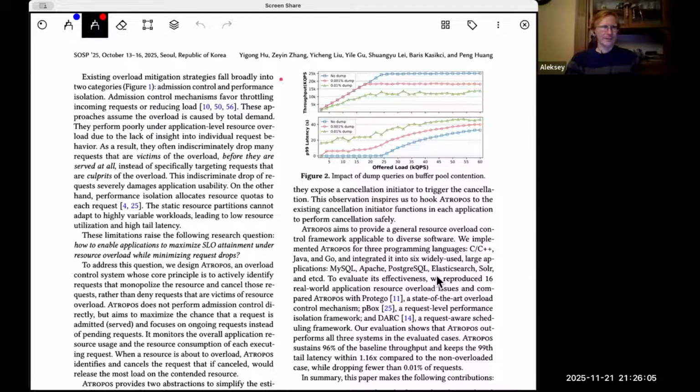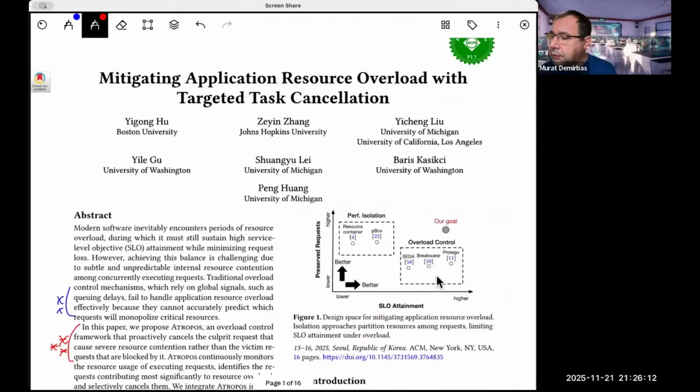Okay, existing overload mitigation strategies fall broadly into two categories, shown in Figure 1. Let's look at Figure 1. Performance isolation, overload control. I know the setup paper, it's a 2002 paper, admission control queue.